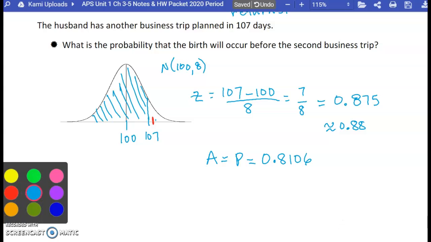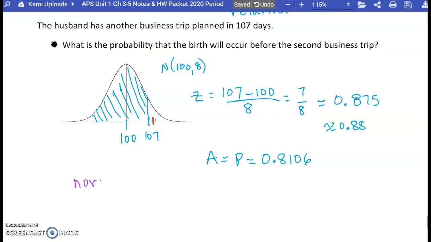Let's do that real quick on our calculator. We're going to do normal CDF. And we're going to plug in the lower boundary again, a very small number, like extremely small in the context of the problem. The upper boundary now is going to be 107. The mean is 100 and the standard deviation is 8. We'll see what that cranks out.